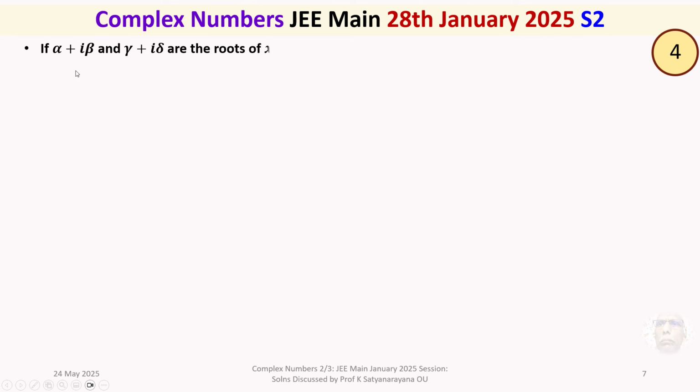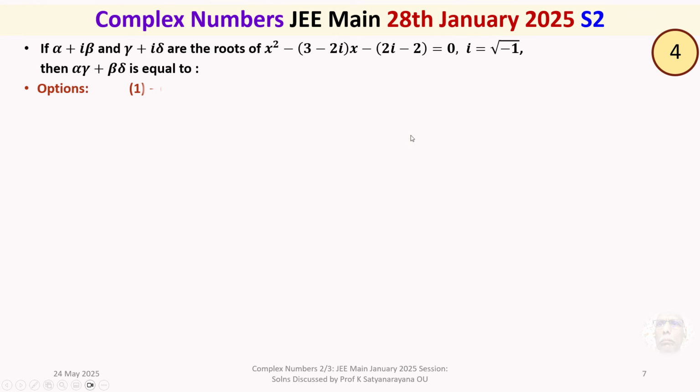The given problem is: if alpha plus i beta and gamma plus i delta are the roots of x square minus (3 minus 2i) x minus (2i minus 2) equal to 0, where i is the imaginary unit, that is the square root of minus 1, then alpha gamma plus beta delta is equal to, and we are given 4 options. Let's now discuss the solution of the problem in detail.